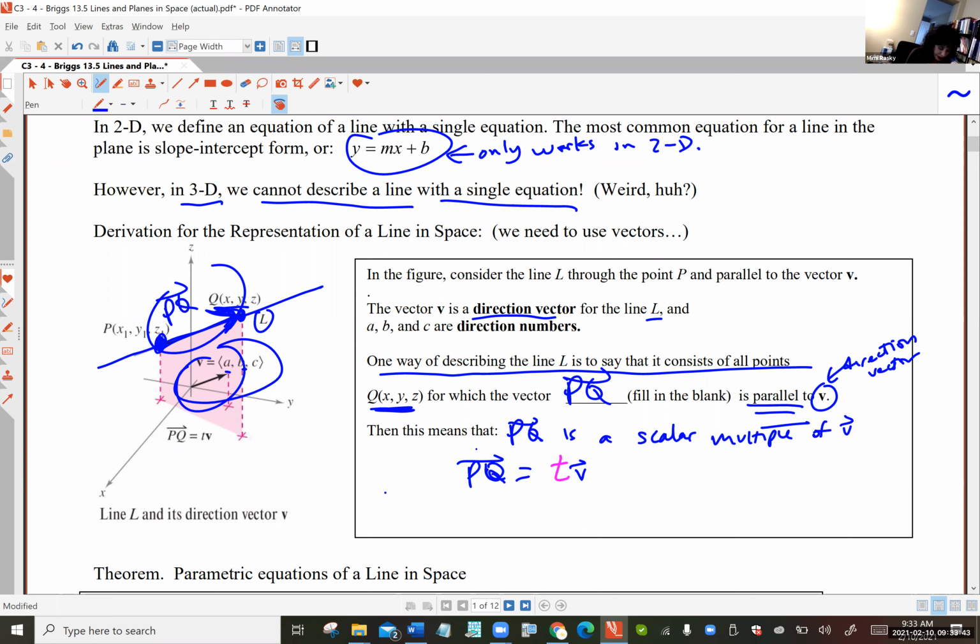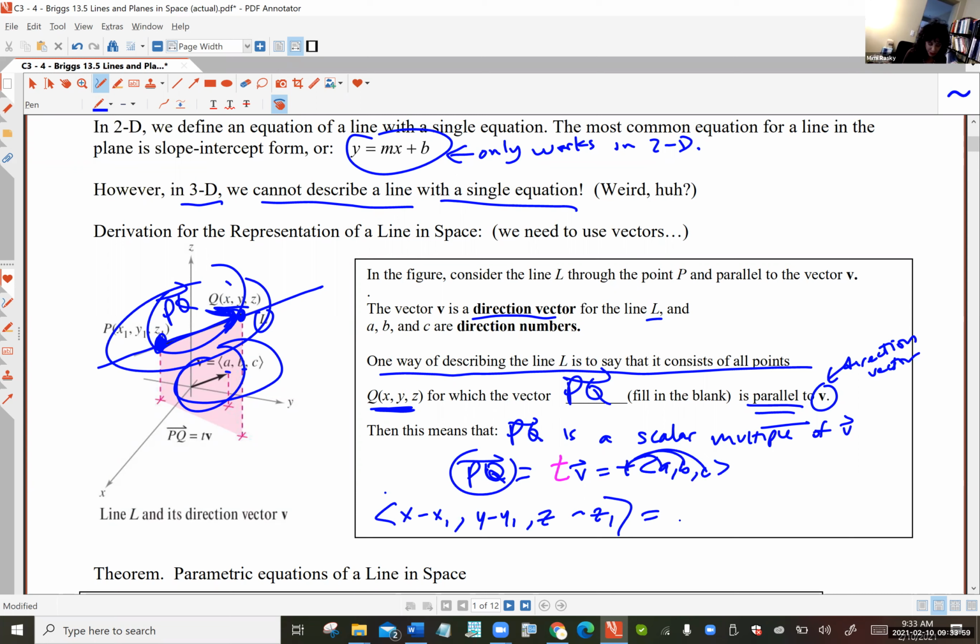Okay, fine. But then the PQ vector, if I go, okay, terminal minus initial for the first component, terminal minus initial for the second component, terminal minus initial for the third component, and if I distribute the T over the V vector, because we're taking the scalar multiple there, and then we're going to use the equality of vectors. You know this, we did this in the first week of class.